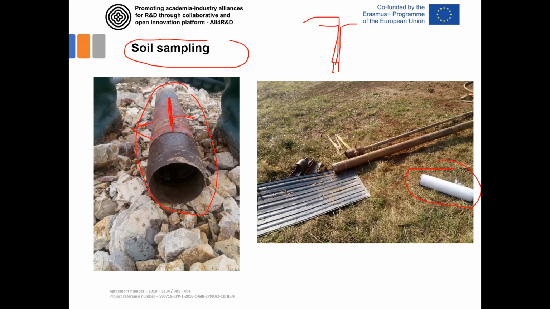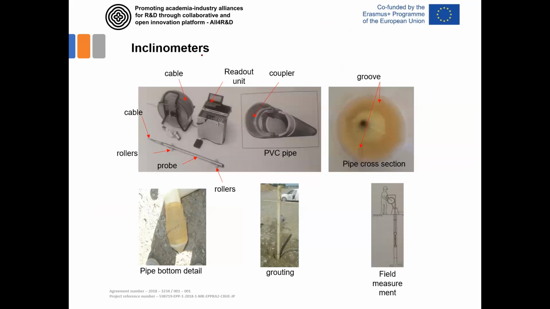Most usually we need strength properties, that's cohesion and internal friction angle. When discussing monitoring techniques in highway construction in landslide areas, most usually so-called inclinometers are used to monitor the movement of the slopes.